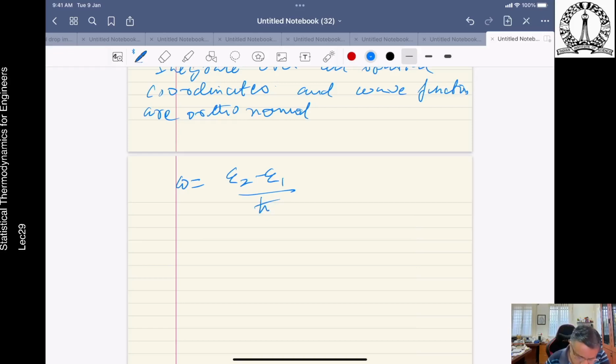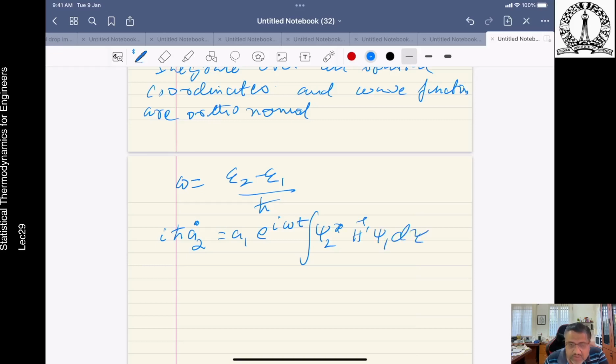So what you get is i h bar a2 bar is equal to a1 e to the i omega t integral chi2 star H bar prime chi1, plus a2 chi2 star.